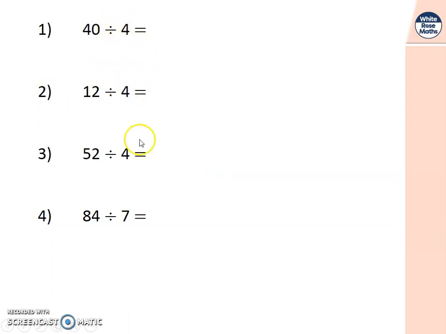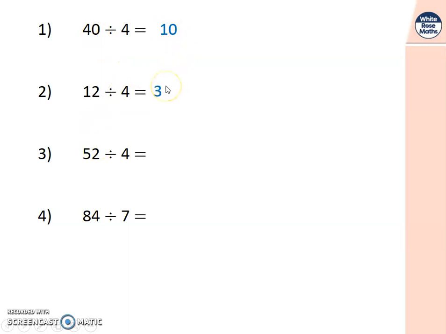Here you can see which times tables you need to look in and keep going till you get to the number on this side. On you go. Let's have a look at those answers. 40 divided by 4, 10. 12 divided by 4, 3. 52 divided by 4 is slightly different, but you might have noticed that in number 1, 40, and in number 2, 12, if we add them together, it makes 52.